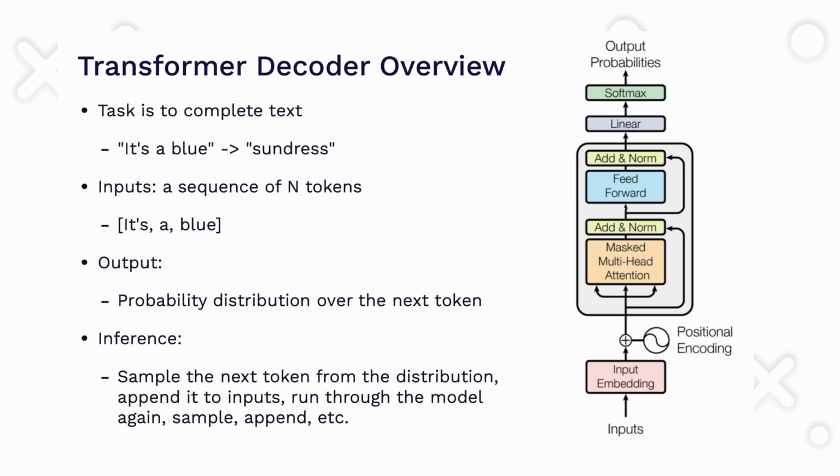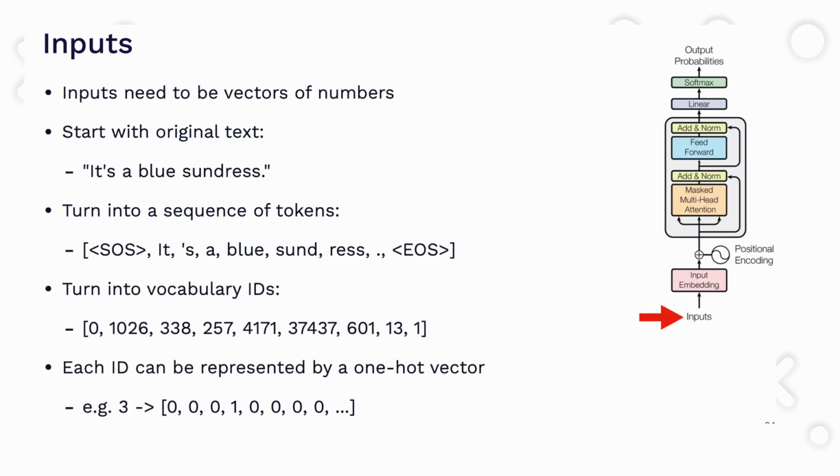So there are various models like that, but essentially it is doing next word prediction. It's a blue sundress, it's a blue, and then you have the probability distribution, which I showed earlier, cat sat on a mat. Again, a probability distribution. From there it picks the next token based on the highest probability, and then again it appends and starts predicting the next token. Okay, so this is a more elaborate way of doing that. These are the vocabulary IDs.